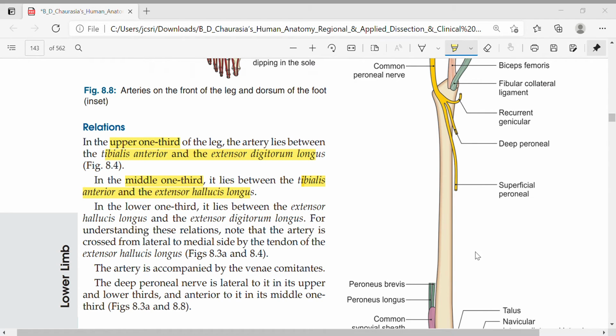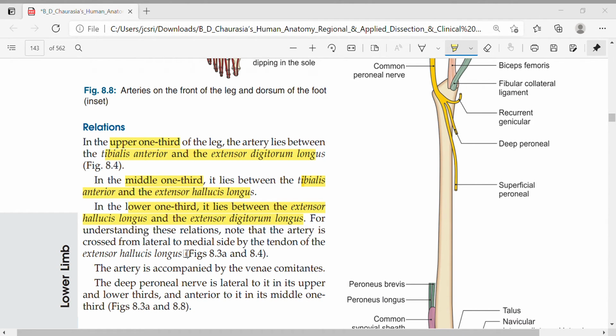In the lower one third, it lies between the extensor hallucis longus and the extensor digitorum longus. So in the lower one third you can see extensor digitorum longus and extensor hallucis longus.